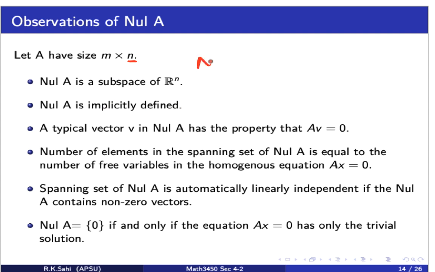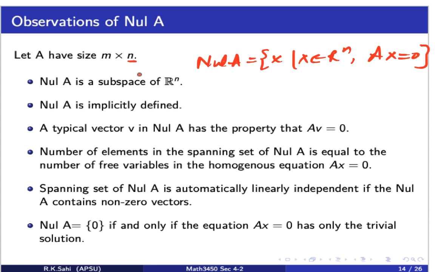Remember once again, the null space of A is all those x's where x is in Rn and Ax equals 0. So it's not that clear-cut how I can write the null space in terms of A. You have to do a lot of work to come to the spanning set of the null space. That's why it is implicitly defined.